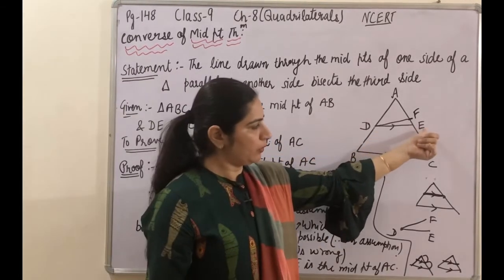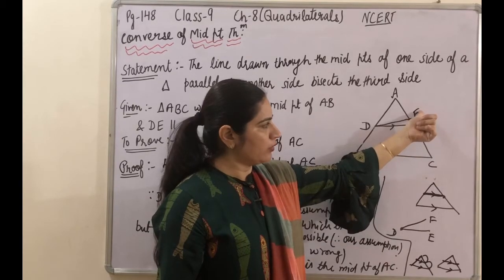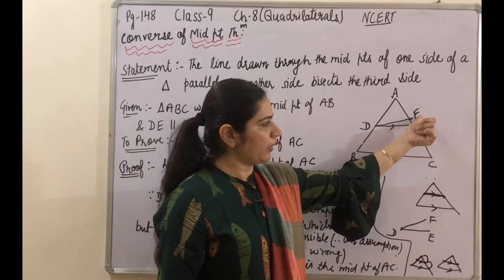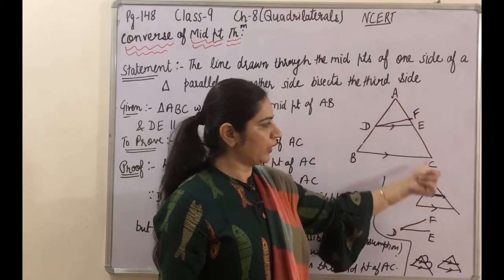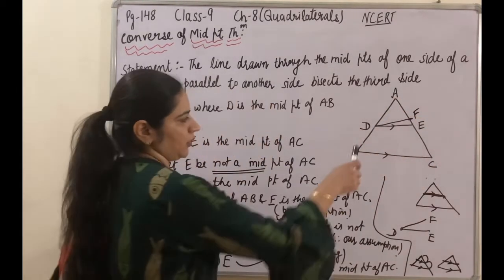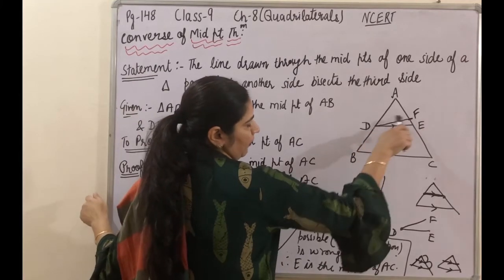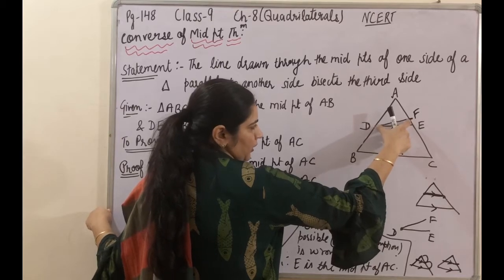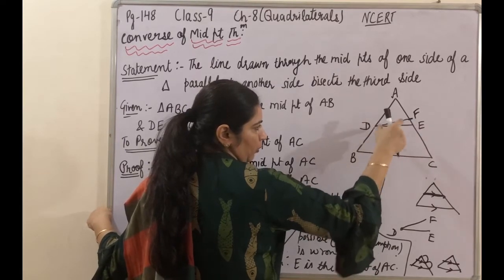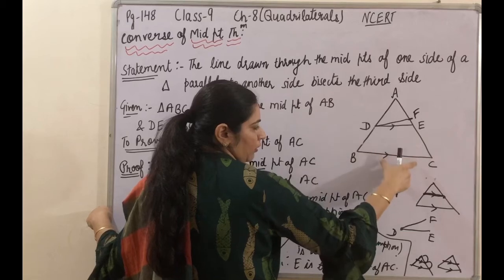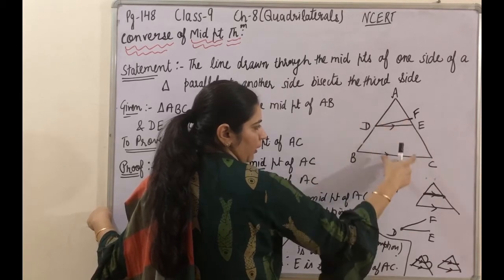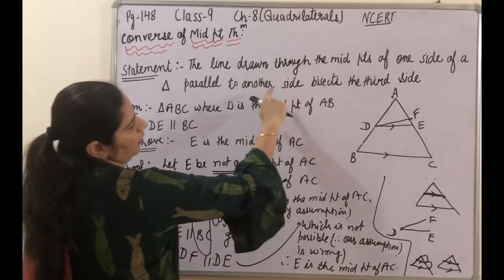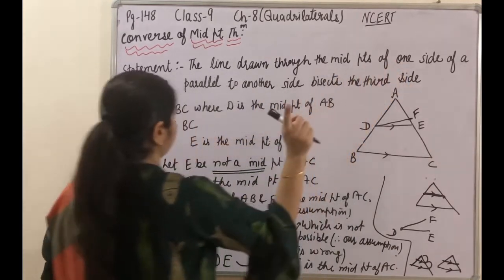If this is not a midpoint, there will be another point that would be the midpoint. I took F as the midpoint of side AC. If this is the midpoint, these two are midpoints. By applying the midpoint theorem, when I join the line through the midpoints, that line is parallel to the third side. DF is parallel to BC. But it is already given DE is parallel to BC.